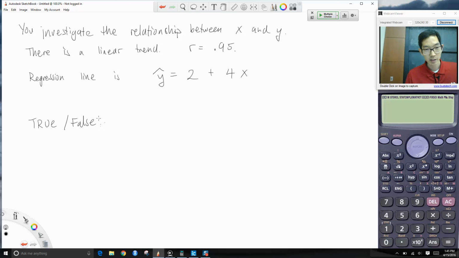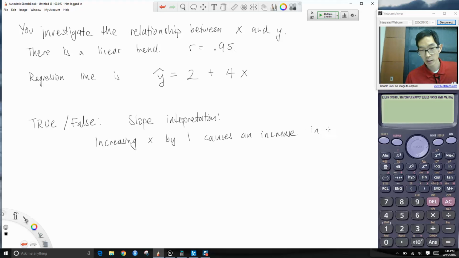Okay. Slope interpretation will be that increasing x by 1 causes an increase in y of 4.